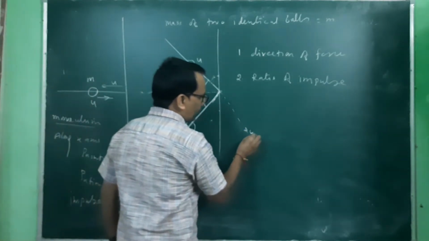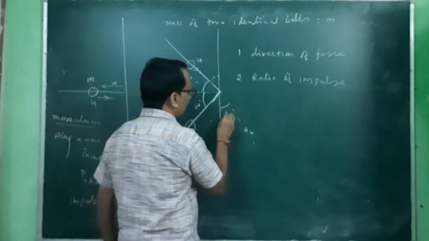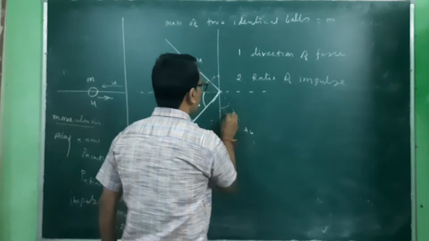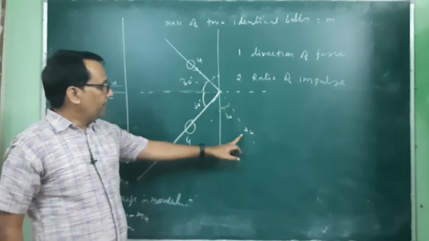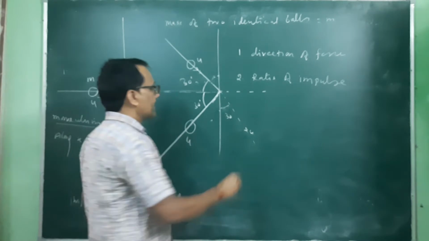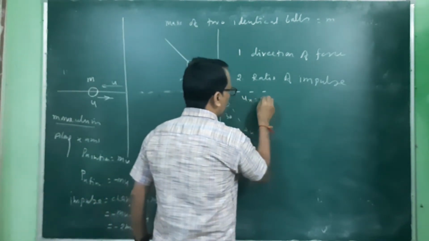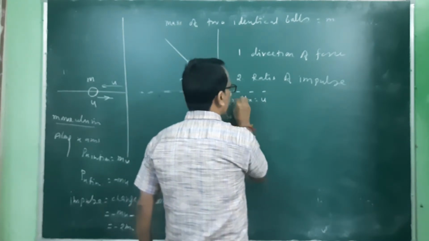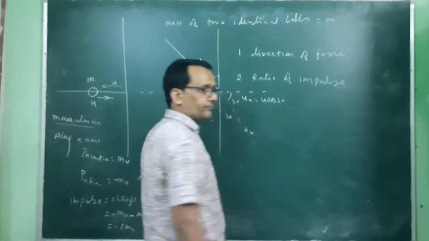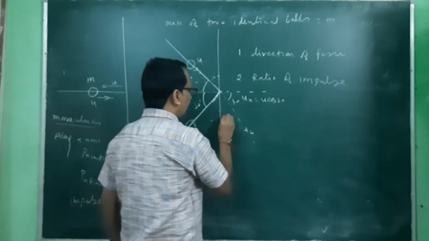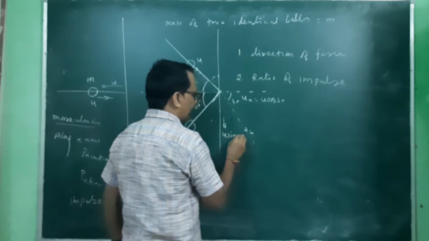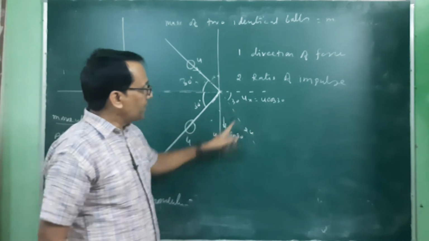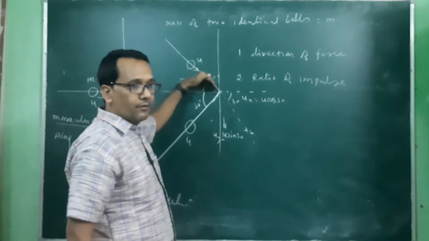If this is the direction of u, and this angle is 30, then its component along the x-axis is ux, equal to u cos 30, and the normal component is u sin 30.